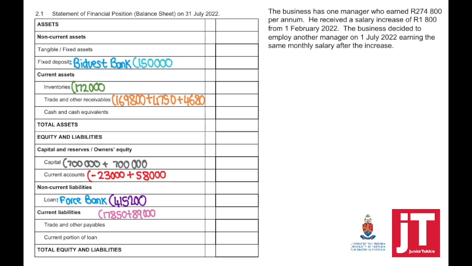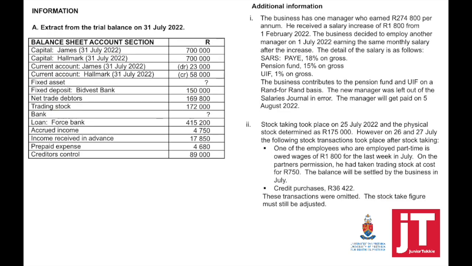So we need to find out what monthly salary this manager earned after the increase, so that we can calculate the new manager's salary. Now, if we look at this adjustment, the new manager was left out of the salaries journal in error. The manager will get paid on the 5th of August 2022. That is outside of my accounting period.